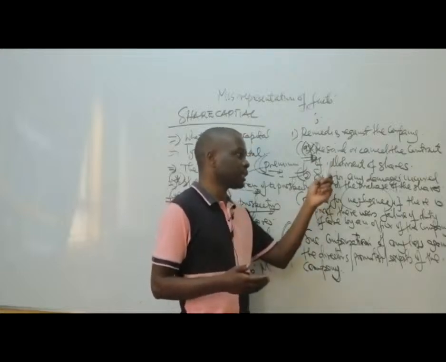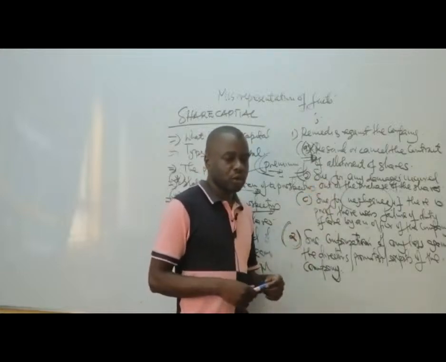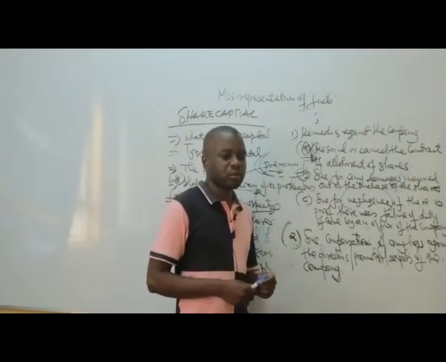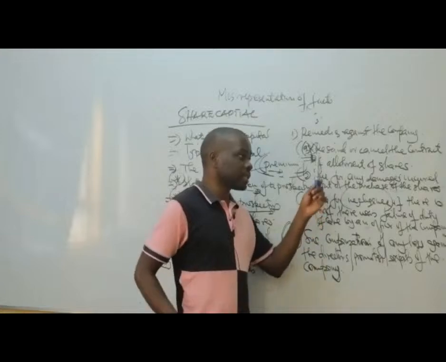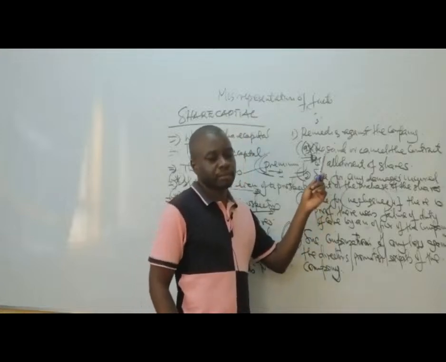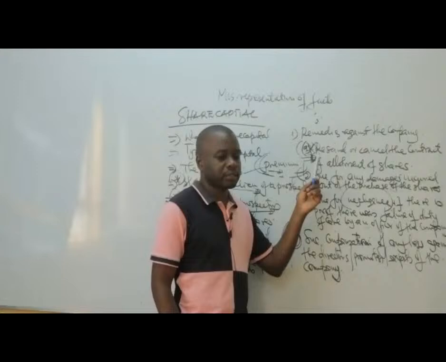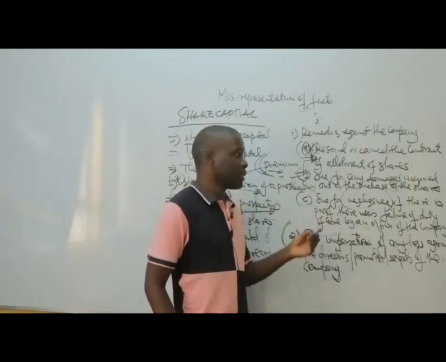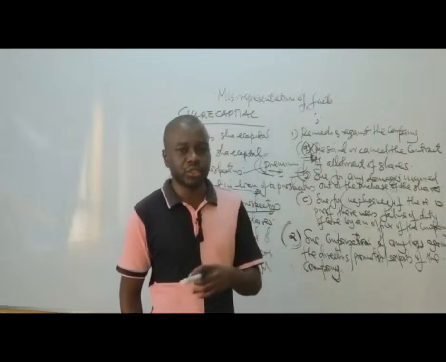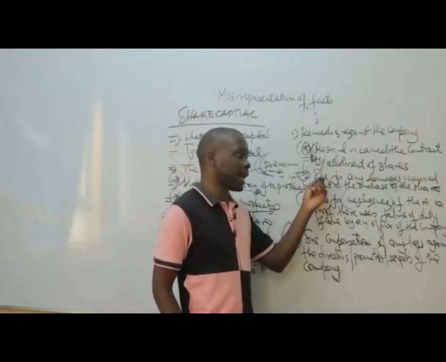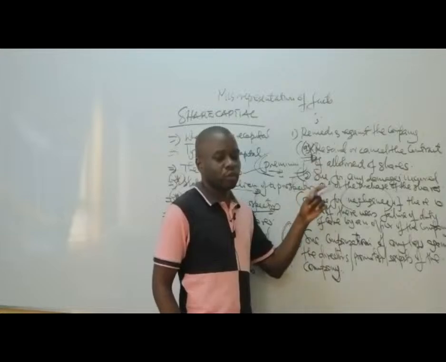So if the liquidation process has already started, you cannot deny that you are a member of the company, or say that you were misled to buy the shares during that moment when the company has started to be liquidated. So number two, in case the company has already commenced liquidation, you lose the right to rescind or cancel the contract of allotment.